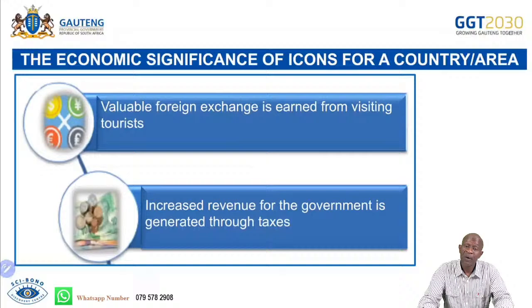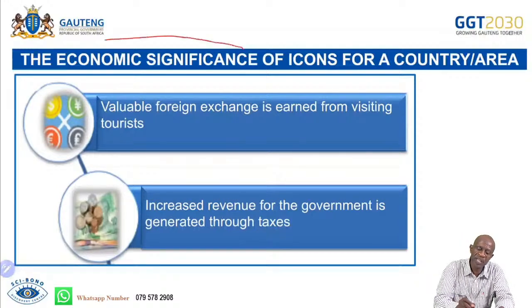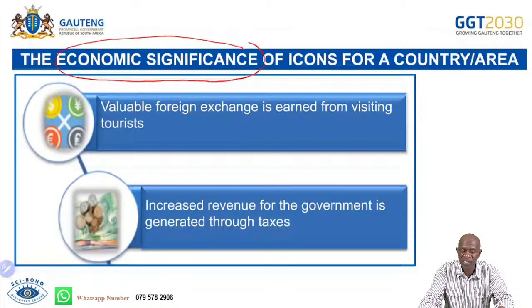Now, one other important concept that we must look into is the economic significance of our icons, or of our world icons. It provides important value for foreign exchange, because with an icon available in a country, valuable foreign exchange is earned from visiting tourists.